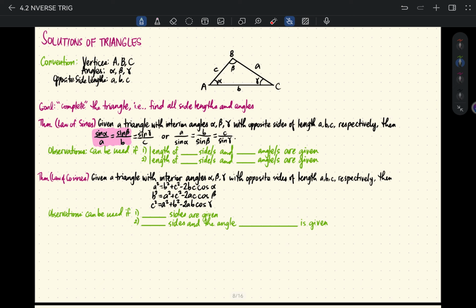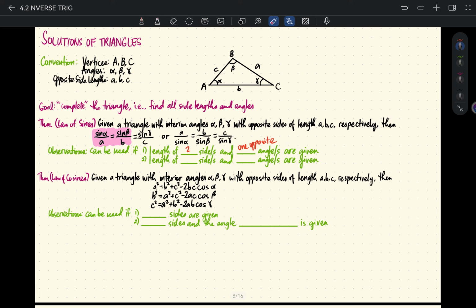So from here, we can say that we can use law of sines if you are given the length of two sides and an angle, and in particular, you need an opposite angle. So two sides and one opposite angle. So why opposite? Let's look at alpha, beta, a, and b.